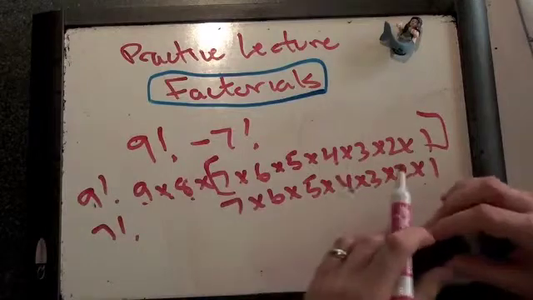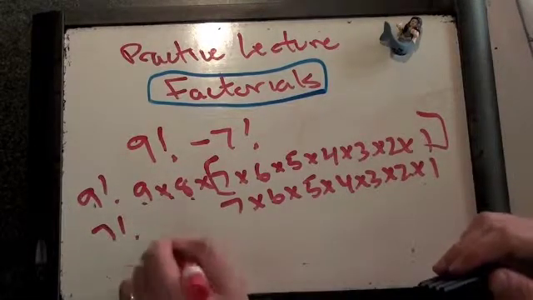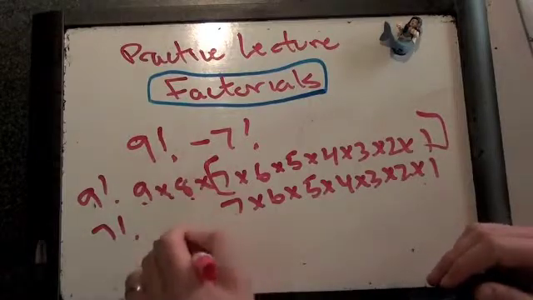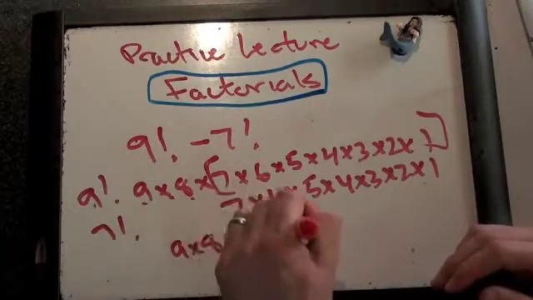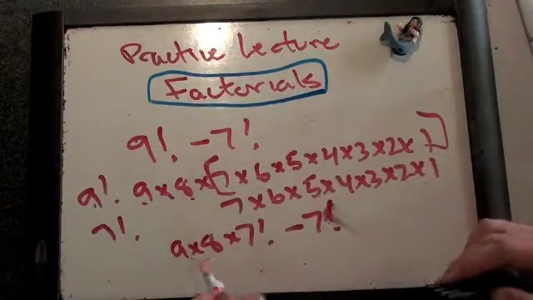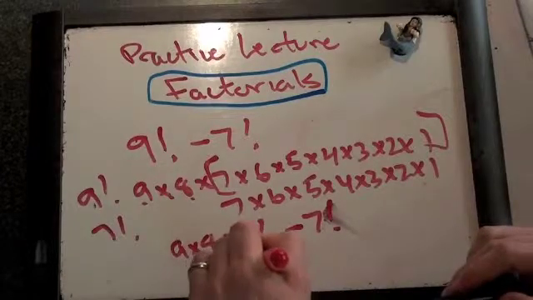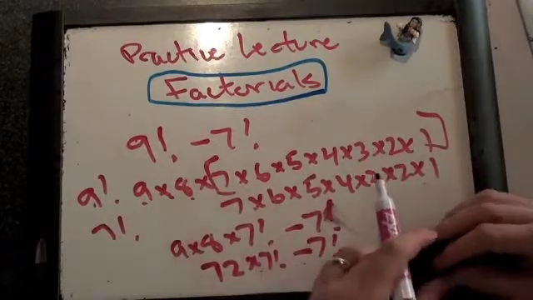What's 9 times 8? 72. So 9 factorial minus 7 factorial is 9 times 8 times 7 factorial minus 7 factorial, which is the same as 72 times 7 factorial minus 7 factorial.